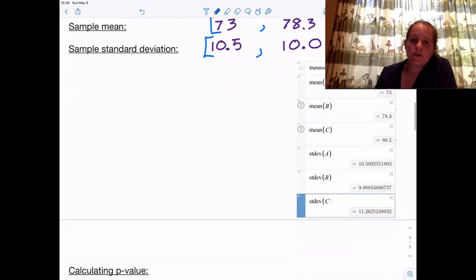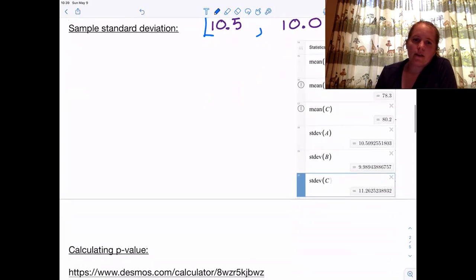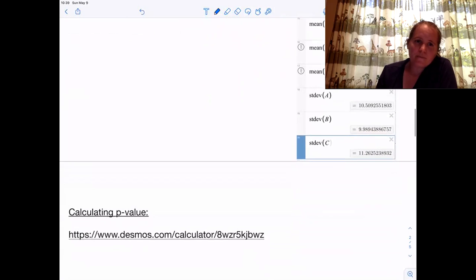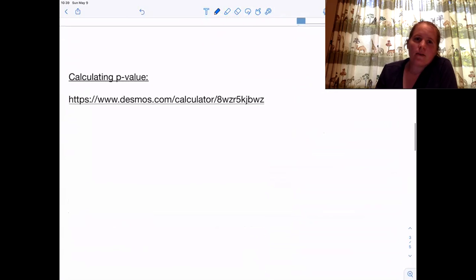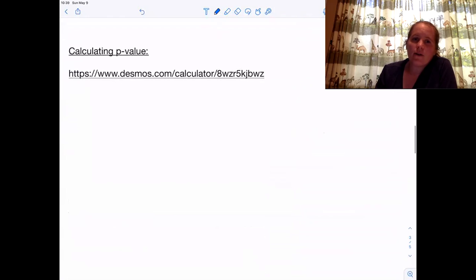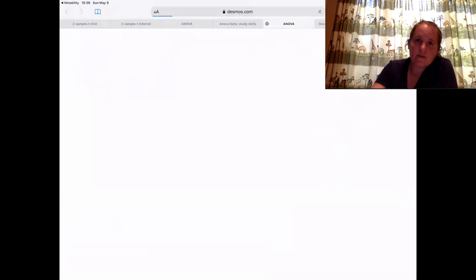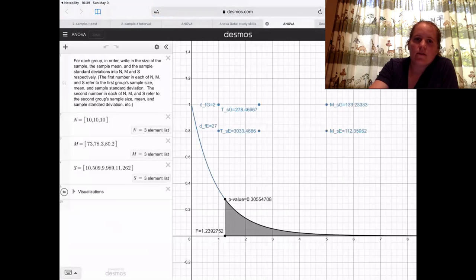So if we scroll down for calculating p-value, we will follow this link over to Desmos. So I have already plugged these numbers in.